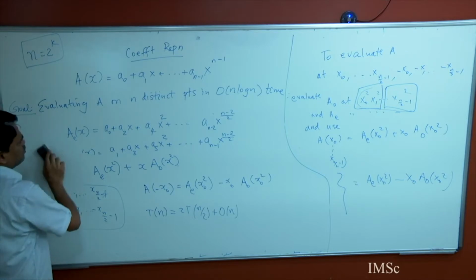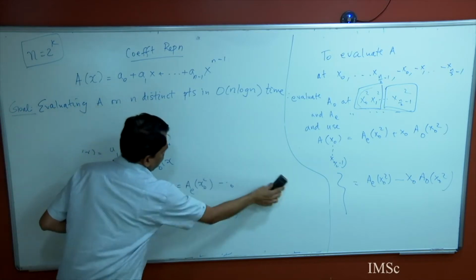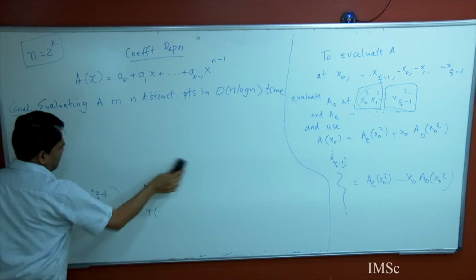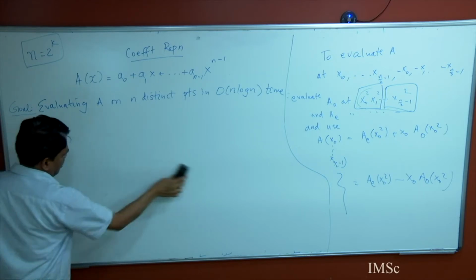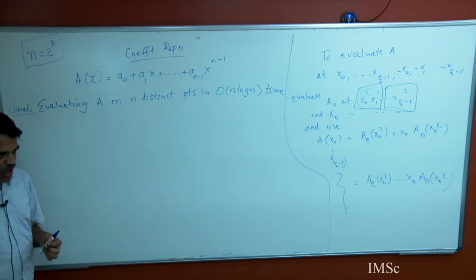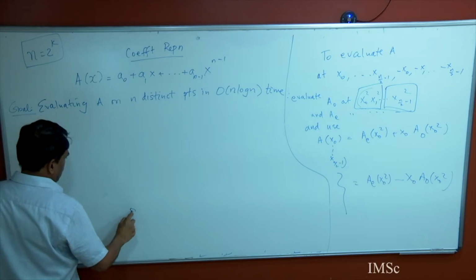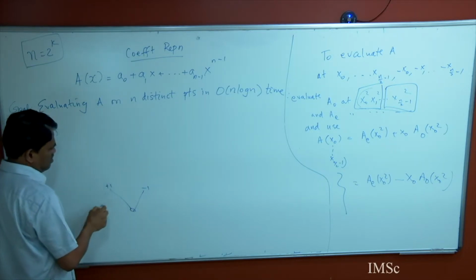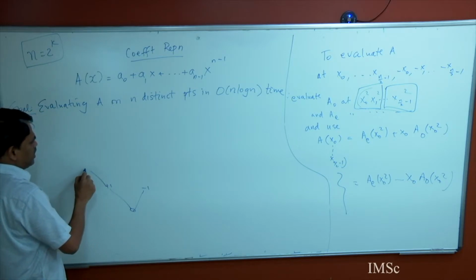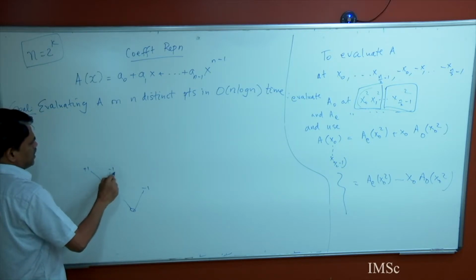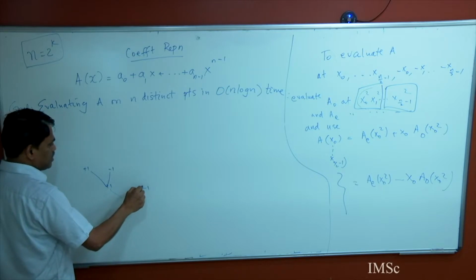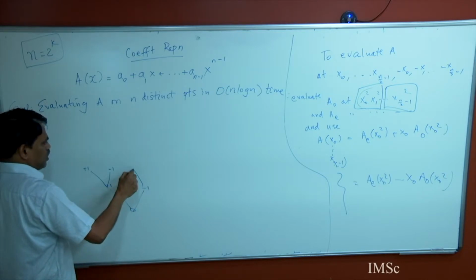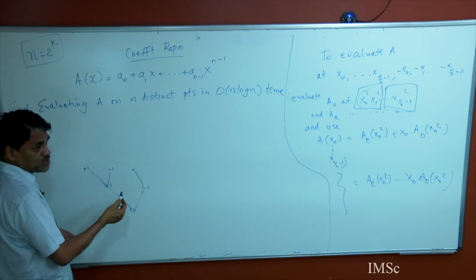So let's draw a picture of what we want. So at the bottom, I have some plus 1 and minus 1 I want. And then I want again some plus 1, minus 1 here, these roots. So I want the squares to be plus 1, minus 1.